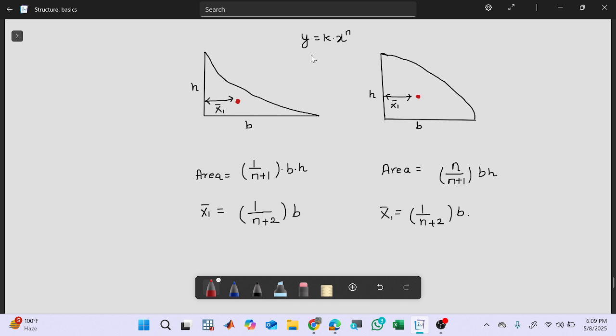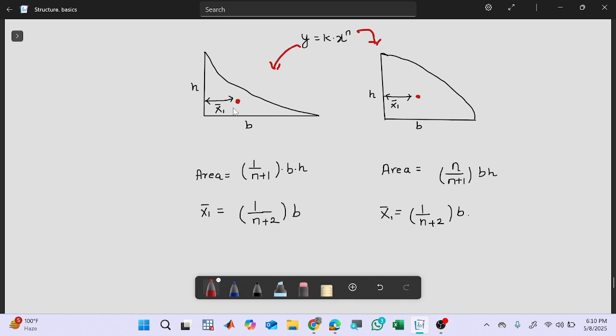Let us say that we have one curve with the relationship y equals k times x to the power of n, and we can have two shapes, this shape and this shape. One is inward and one is outward, let's say concave and convex.